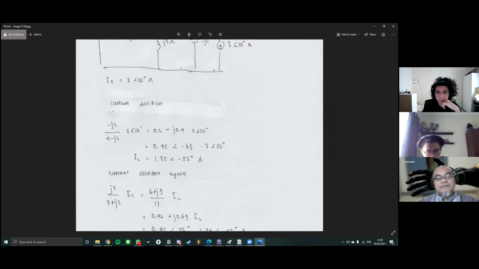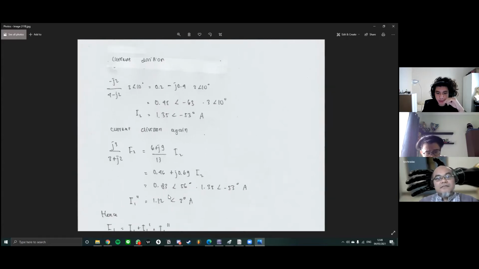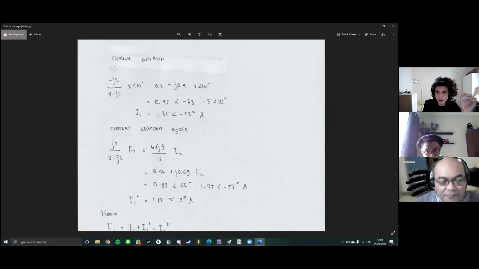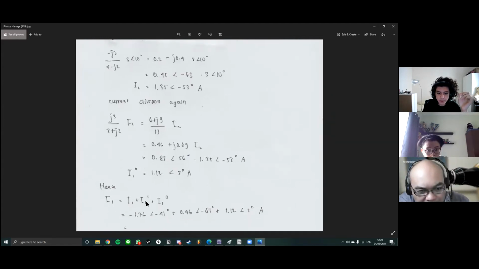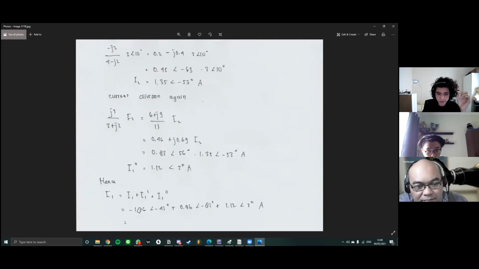Then we add the 3 currents from the 3 different contributions: I1 plus I1 dash plus I1 double dash. So minus 1.76 with a phase angle of minus 41 plus this and plus this.